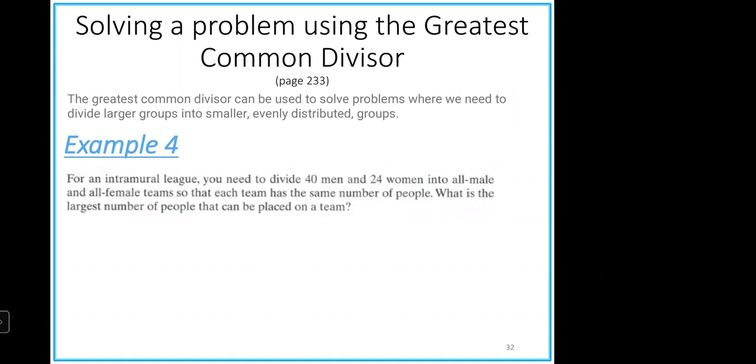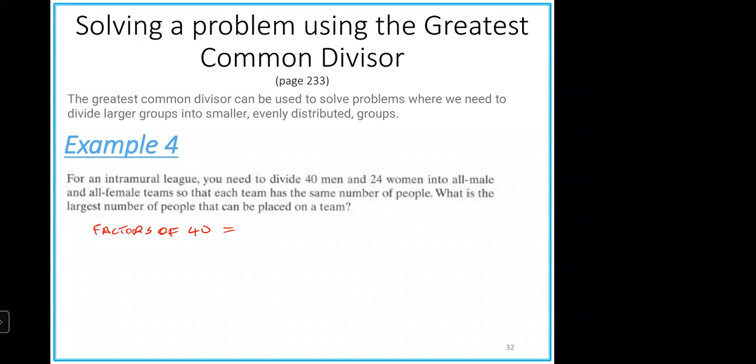Even though the book gives you this method of using the factor tree and doing the prime factorization, another method that people use, but it can be tedious if you have large numbers, is to list the factors. So factors of 40. What are the factors of 40?